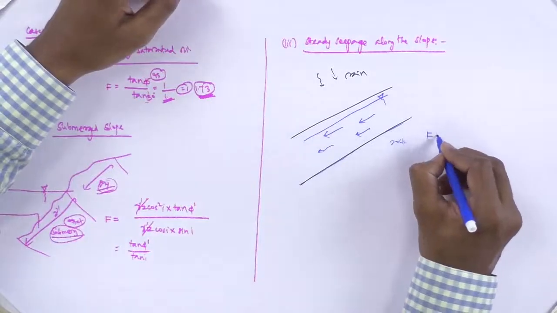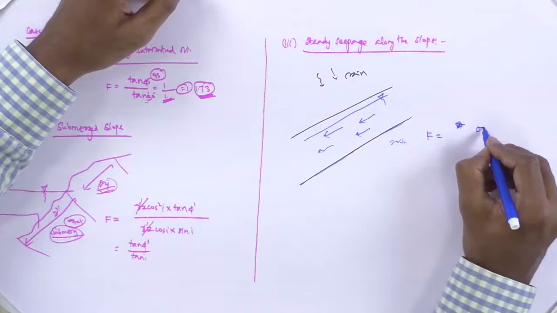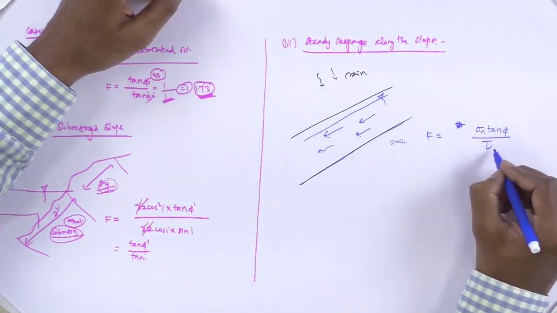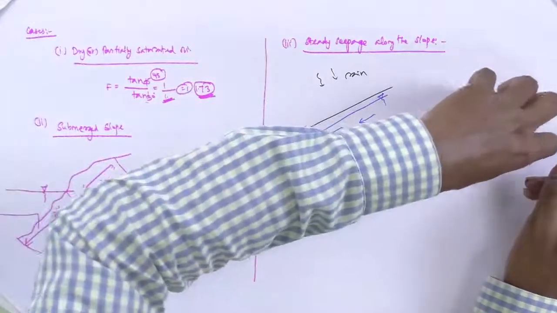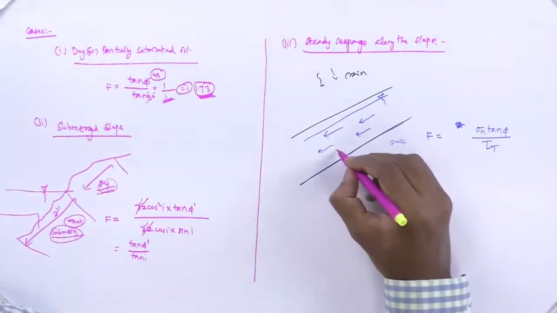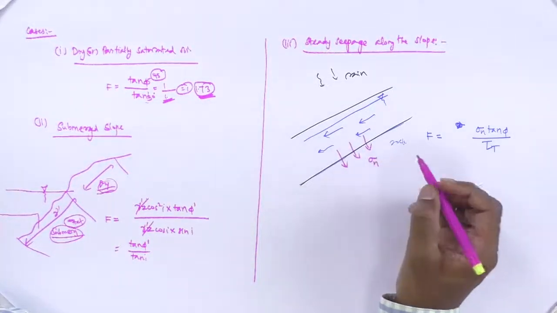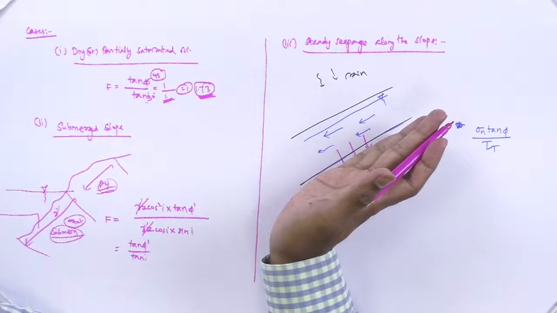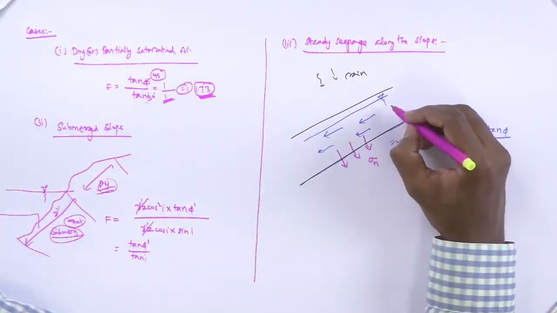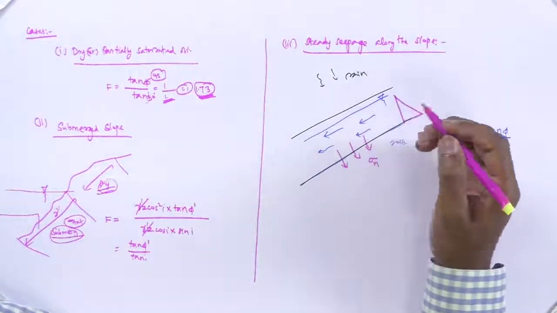By the way, it is full, like this much water is flowing along the slope here. So the F is given by, let us say, sigma n tan phi divided by tau tangential as an initial way here. So this is what sigma n is acting. Actually this sigma n is reduced somehow because of the pore water pressure developed. So this is water pressure, how much water pressure can be developed.